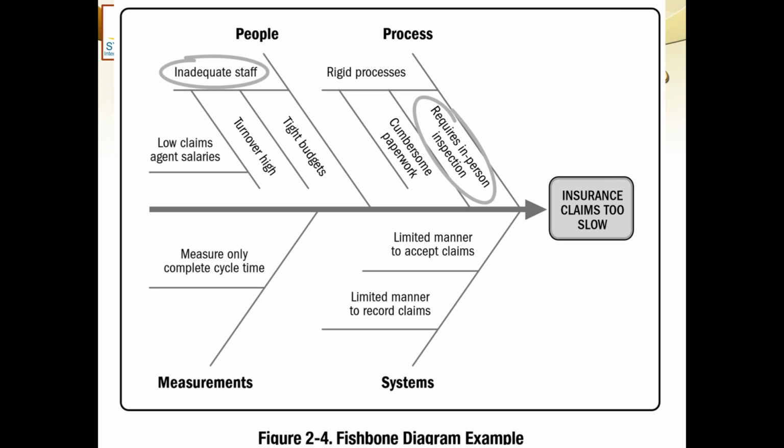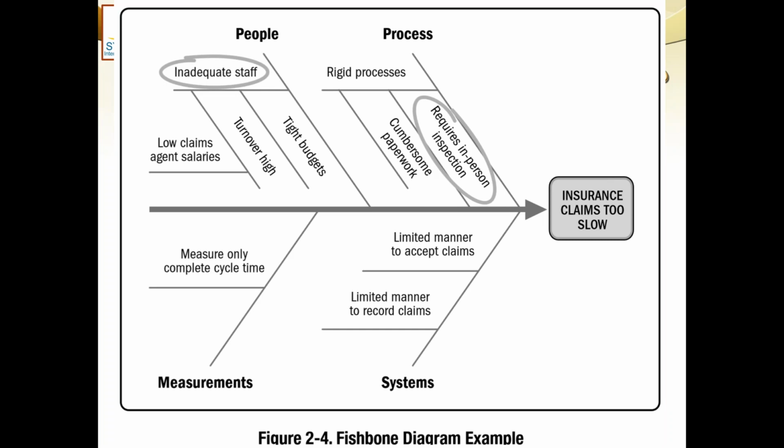Why was that? Because of the tight budget, and because of the high turnover, which is, people do not remain with the company, they keep leaving the company. So why was the turnover high? Because of low claims agent salaries. The salaries of the claim agents are very low. So if I can identify these areas which have to be addressed, then probably I can go into the cause of that and fix it.